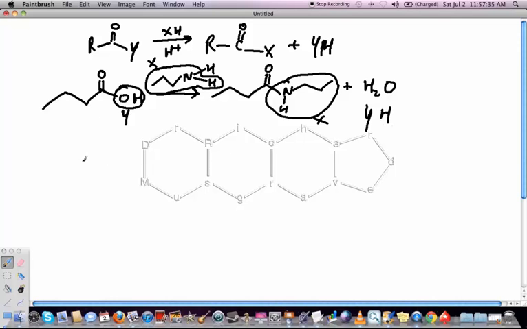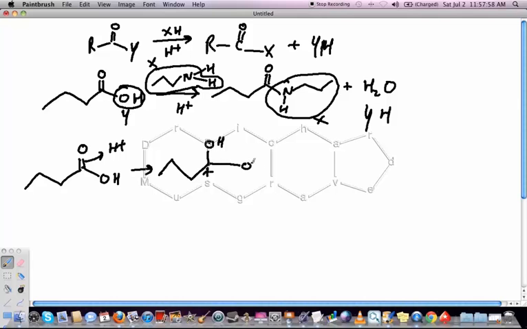Now let's take a look at the mechanism, and you'll see it follows the same pattern as before. So the first step is the addition of the H plus to the C double bond O. Next, the nucleophile comes in. That's going to be the X group, and it's always the atom that is attached to the hydrogen.